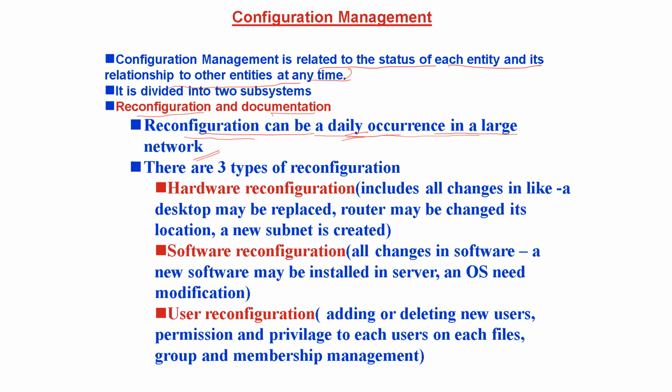Then there are three types of reconfiguration. One is hardware reconfiguration, another is software reconfiguration, and another is user reconfiguration. Hardware reconfiguration means changing the configuration of hardware devices like desktops, routers, or their location, etc. Software reconfiguration means if new software is installed in the server and the OS needs some sort of modifications, all these kinds of modifications are known as software reconfiguration.